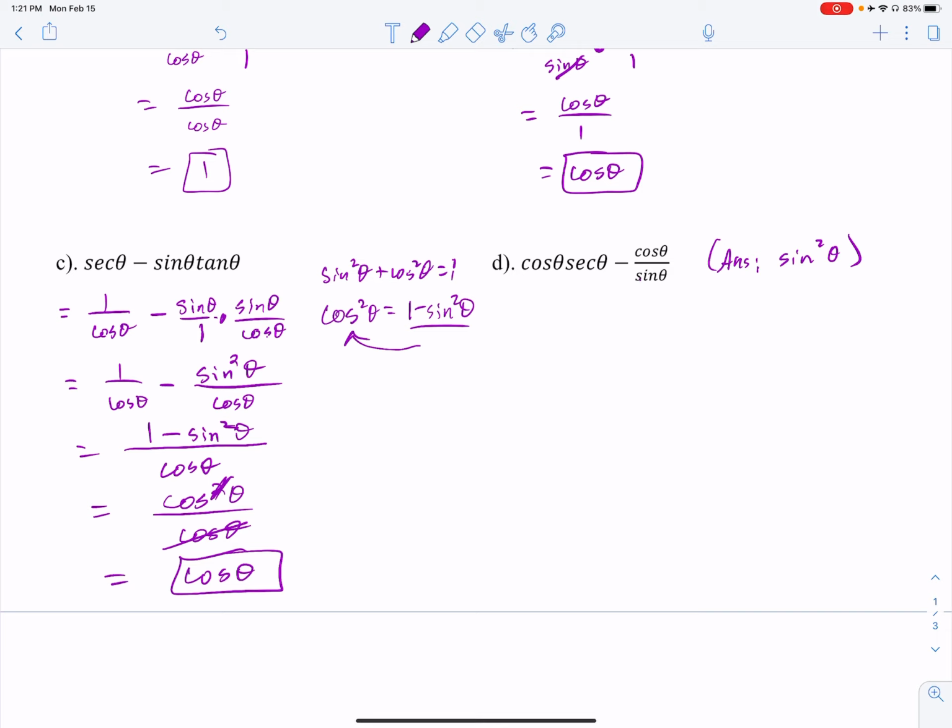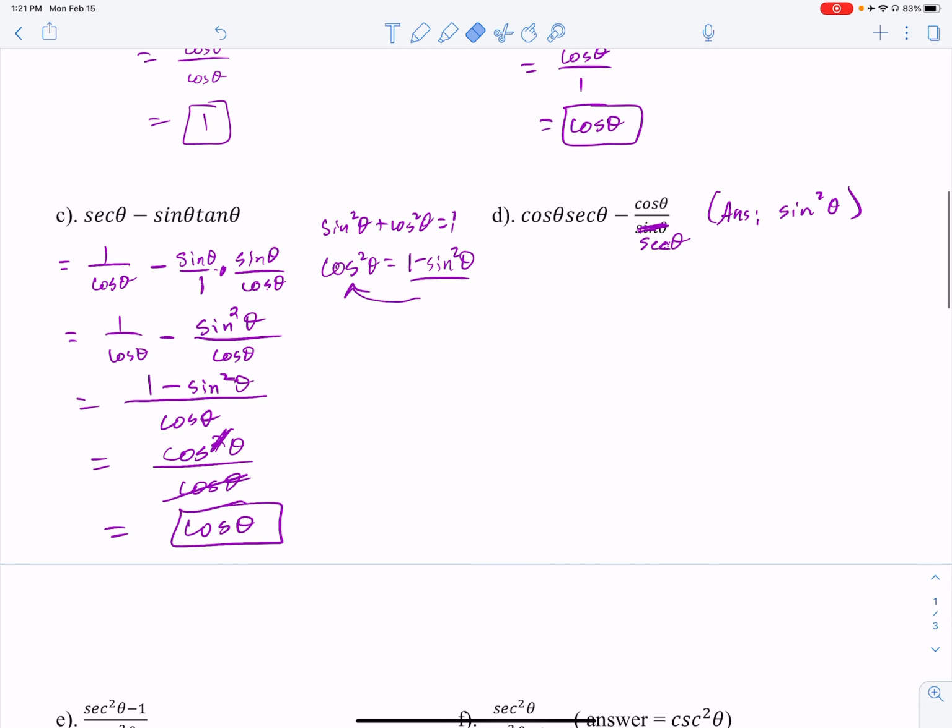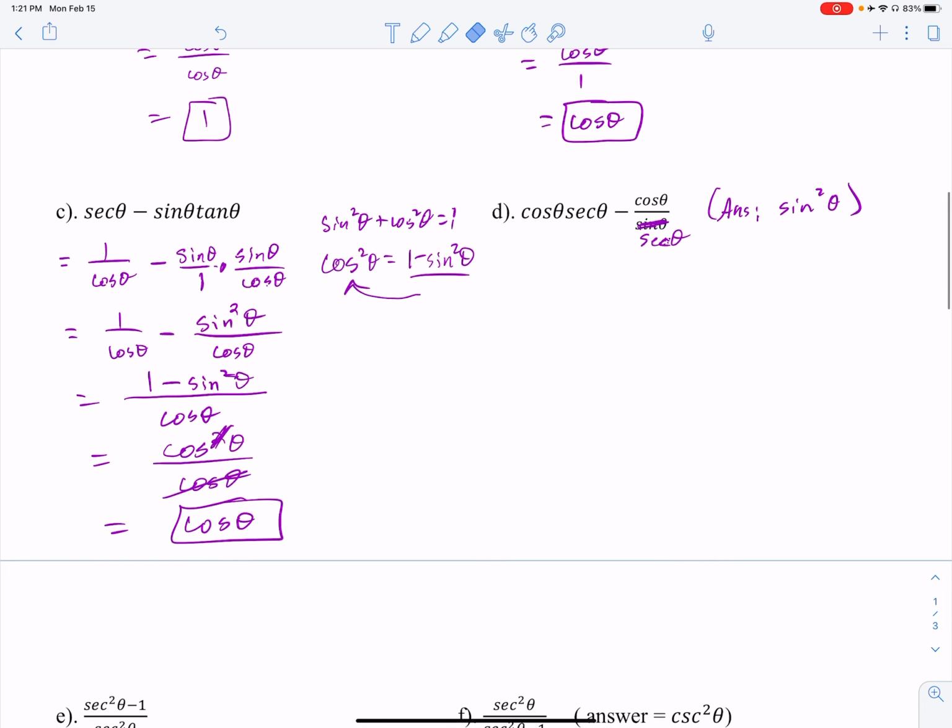Yeah, change this to secant theta. Then the answer is going to be sine squared theta. I just had an error in the notes and I hadn't caught it till now. So change the denominator to be secant and then work that, and the answer should be sine squared theta.